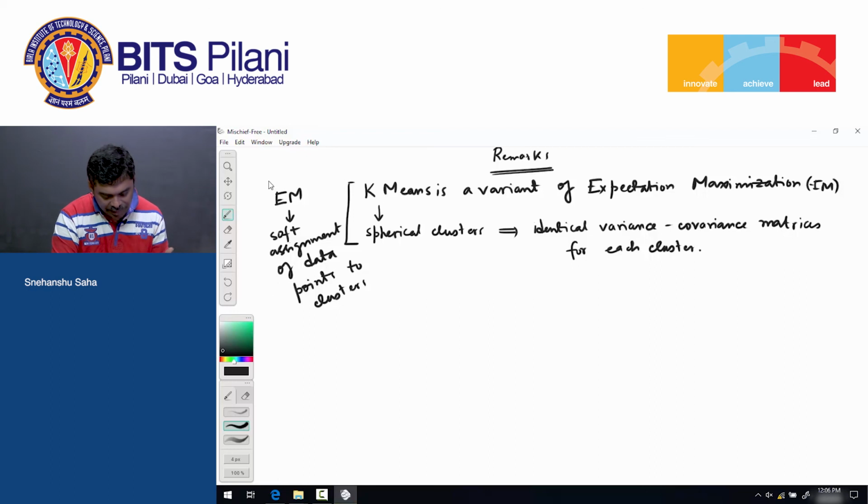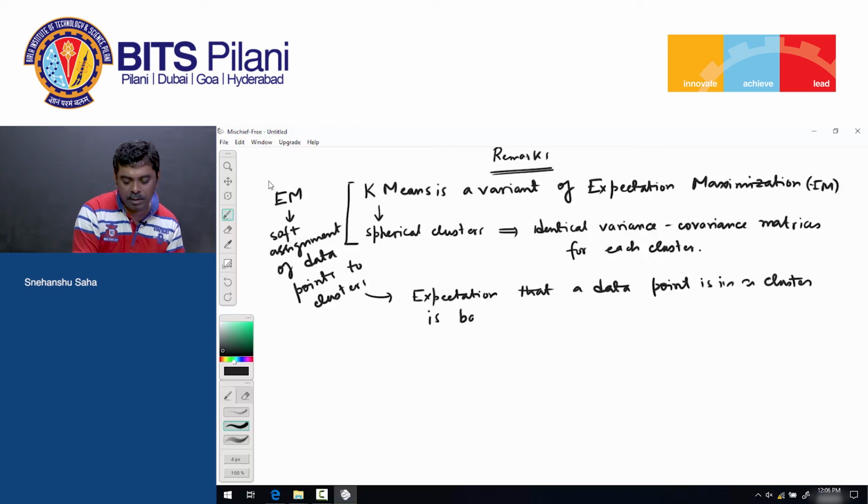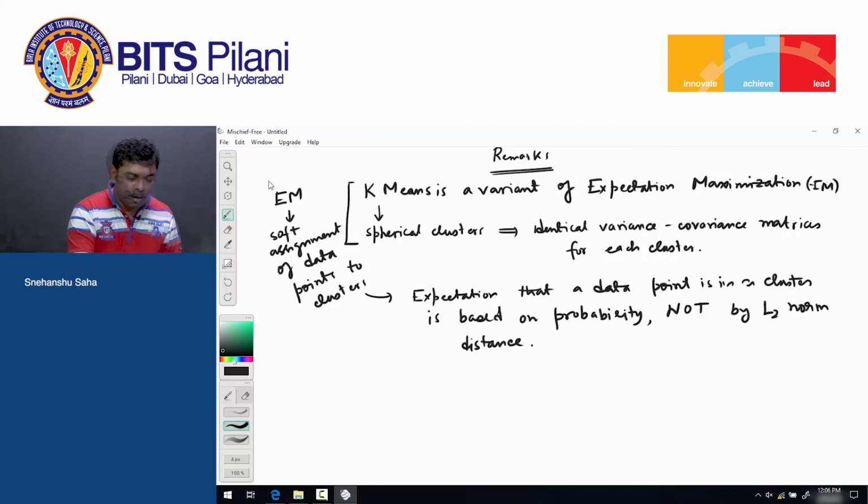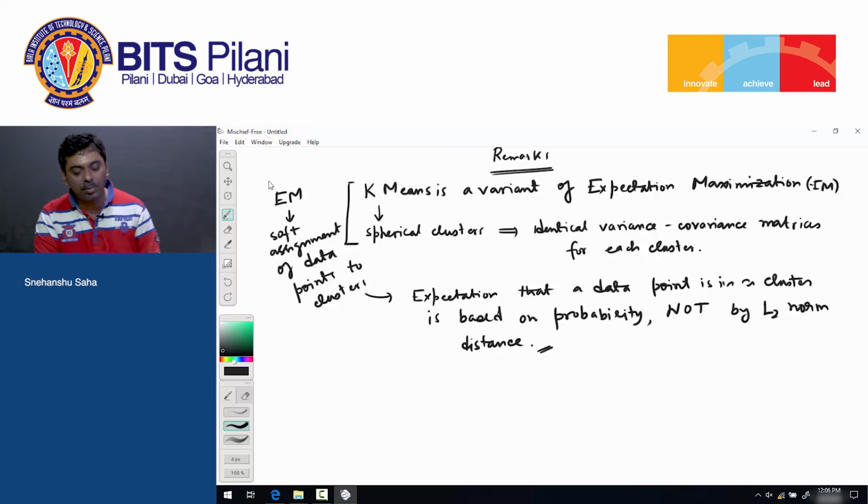So the expectation that your data point is in a cluster is based on a probability. So let's continue this in the next lecture, where we talk more about expectation maximization and the Gaussian mixture model, and also see how these models evolve based on very complex allocation of data points.